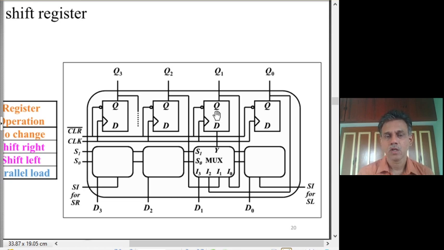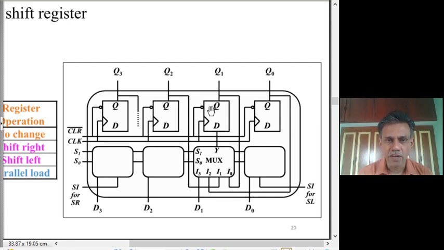That is why we are using a 4-to-1 mux. The output of the mux is connected to the D input. The 4 inputs of this mux are called I0, I1, I2, I3. And the control lines S0, S1 go to all these muxes. There are 4 muxes controlling 4 D flip flops.